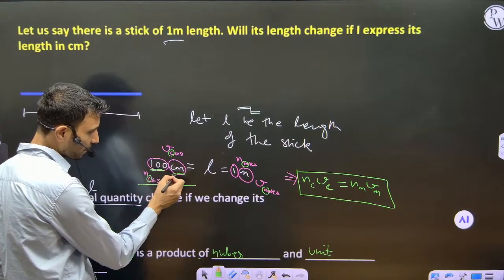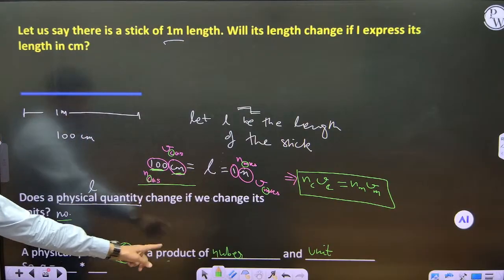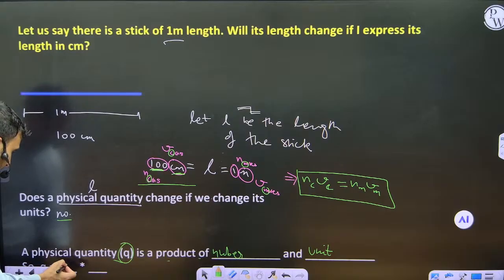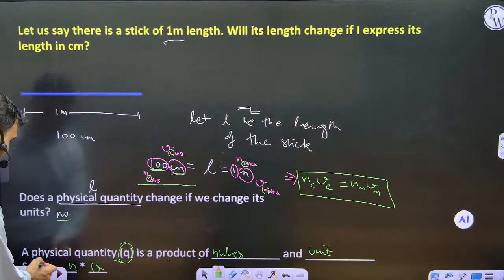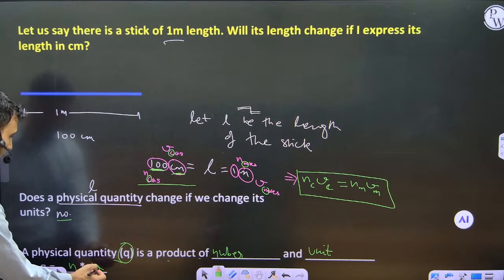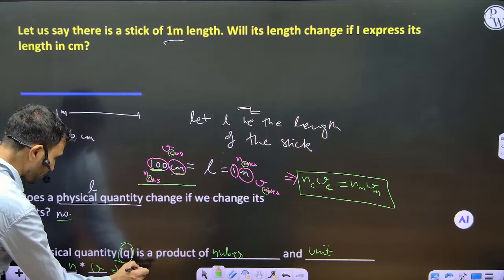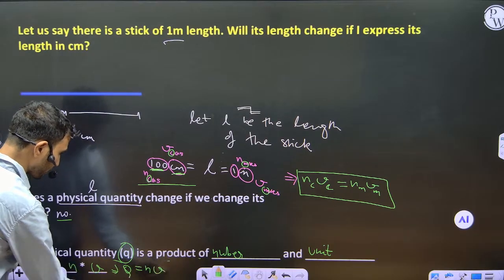The product of number and unit, N and U. So basically the equation becomes Q is equal to N into U. That's the formula.